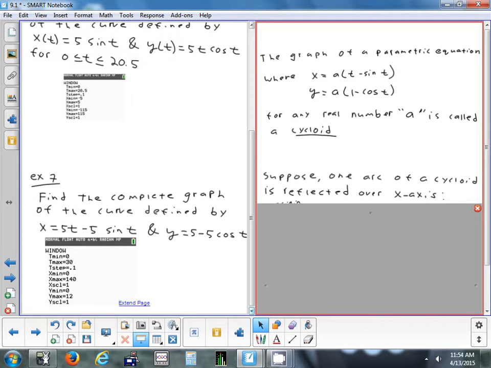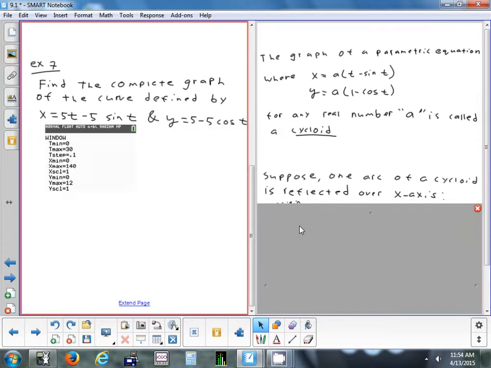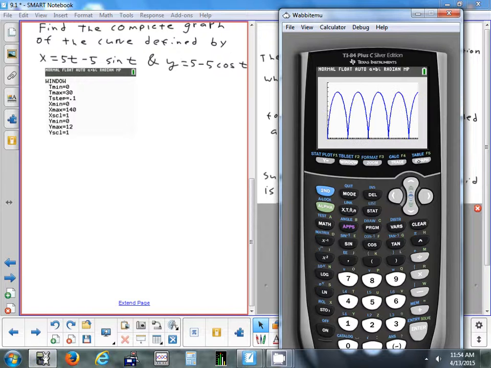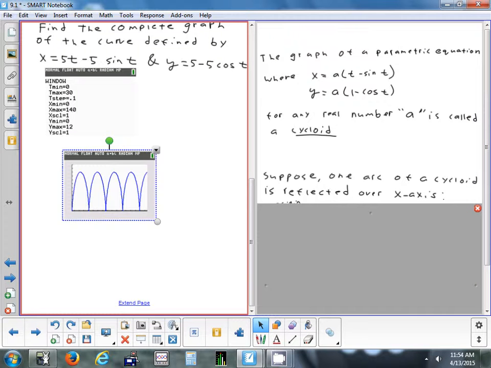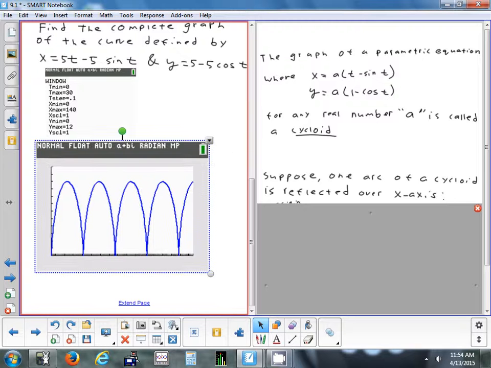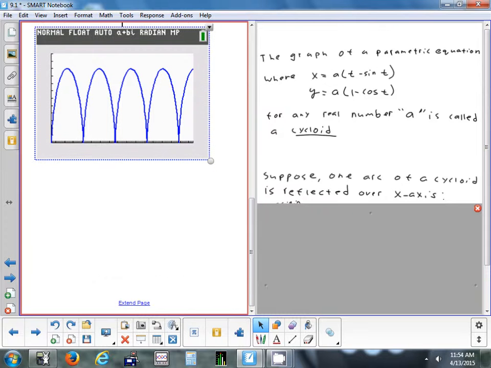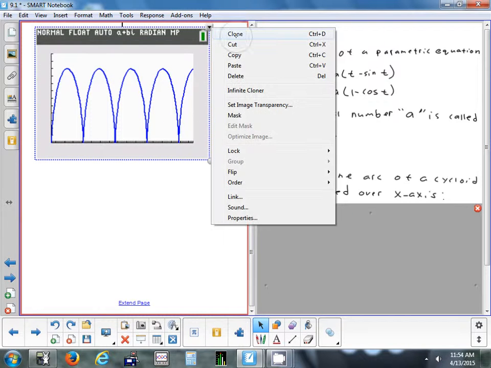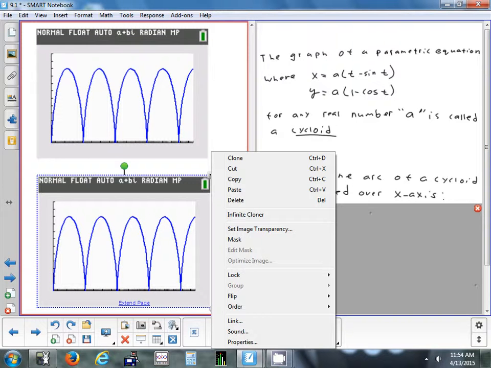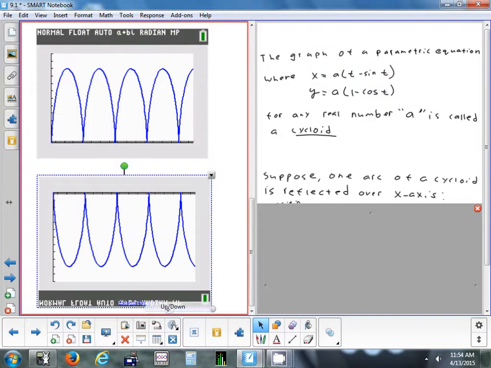Now, if you take, let's see if we can get a picture of that. If you take one of these cycloids, okay, and reflect it over the x-axis. So let's make a copy of this. Okay, and I'm going to flip it like that.